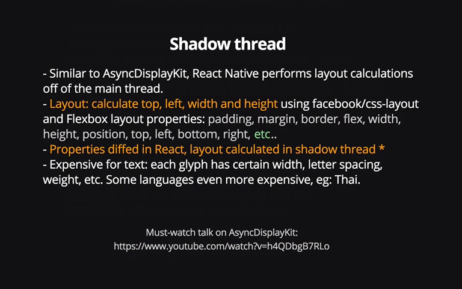So when we pass in attributes from React like flex or padding and margin, those have to be somehow converted into layout. When you talk about layout, you mean how do you compute the top, left, width, and height of some box in your view. This is done using a library called CSS layout.